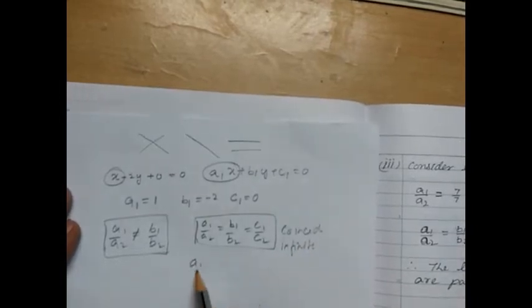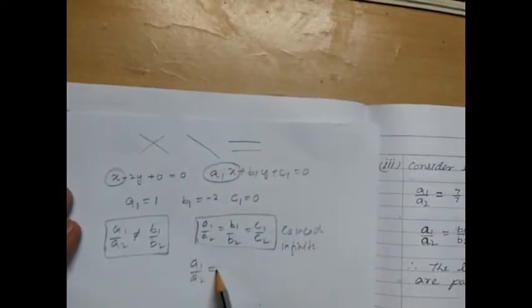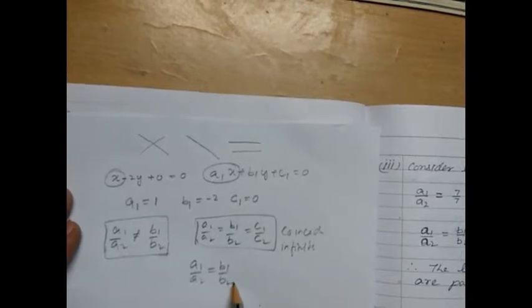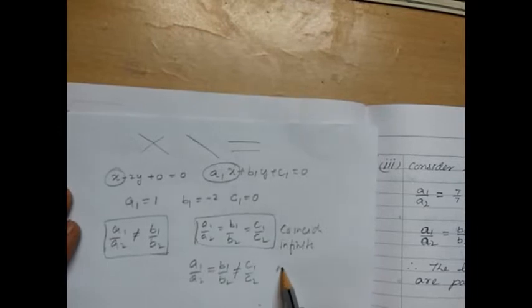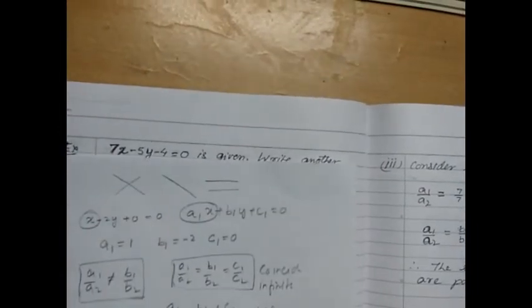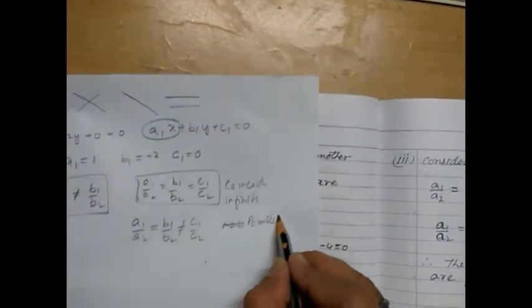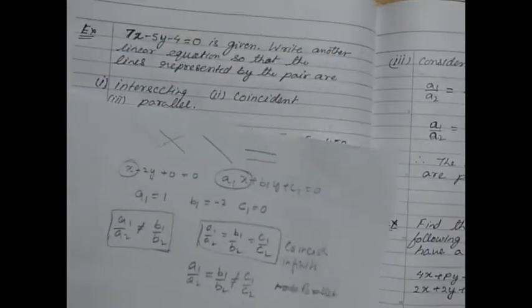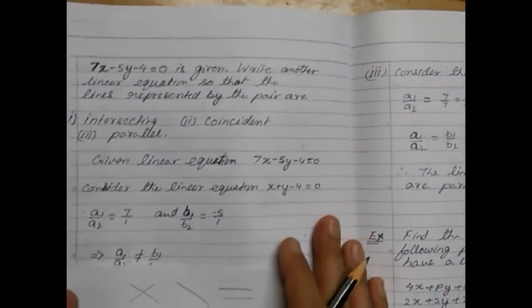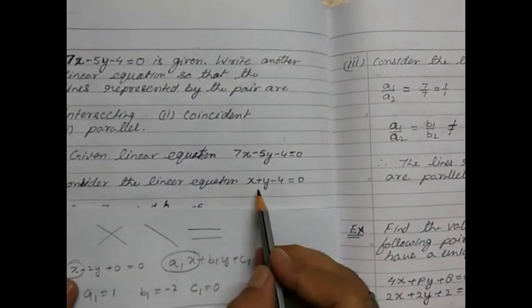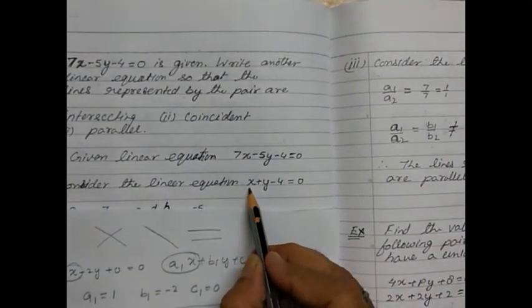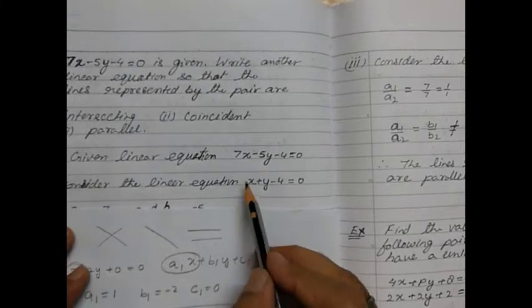And when we have A1 upon A2 is equal to B1 upon B2 and not equal to C1 upon C2, we will have no solution, that is, parallel lines. So this is what we have to find out. We need to find the solution. Here we can have infinite equations which will satisfy this.